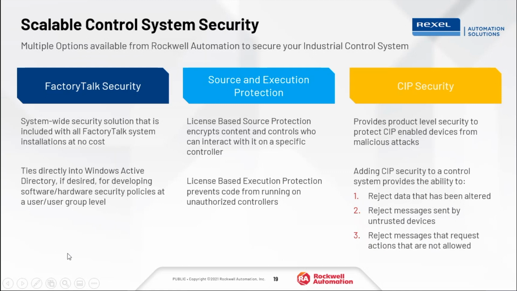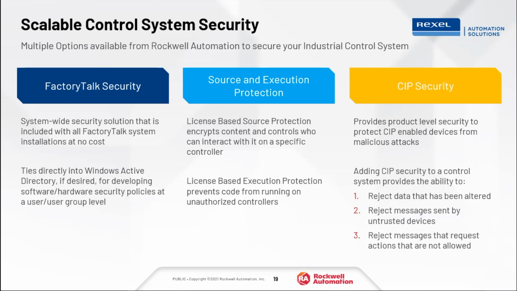So we have a few different sources that we can use within what we have. Obviously, there's FactoryTalk Security, CIP Security, Source and Execution Protection. One that isn't on here, we work closely with two others. One a lot more, which is Claroty, and the other one is CrowdStrike.